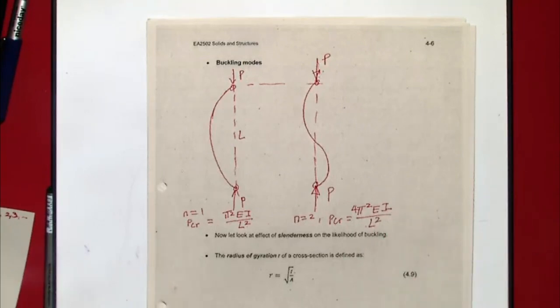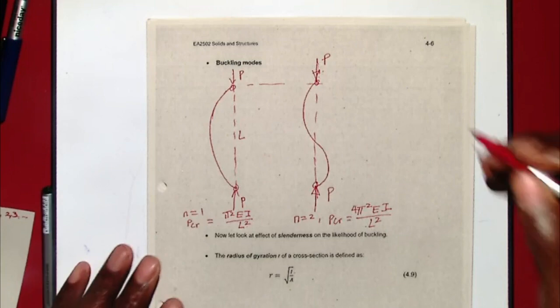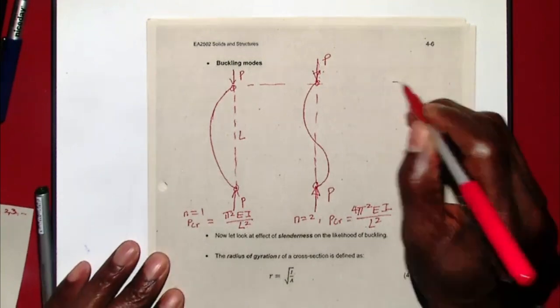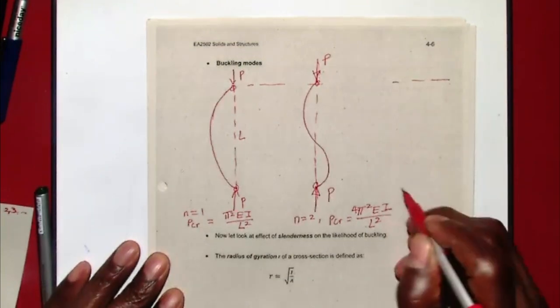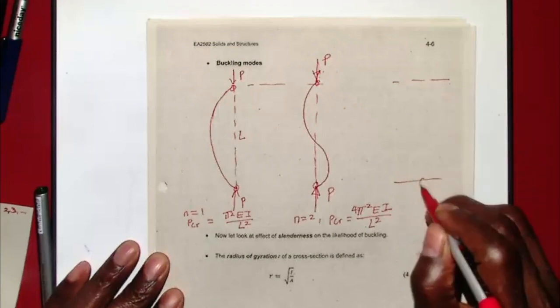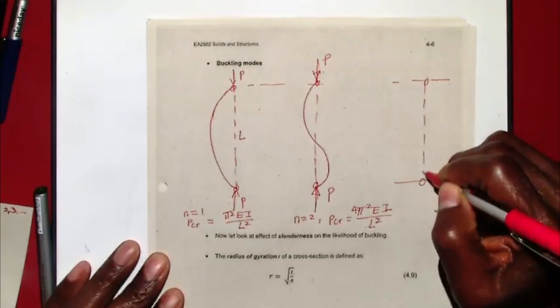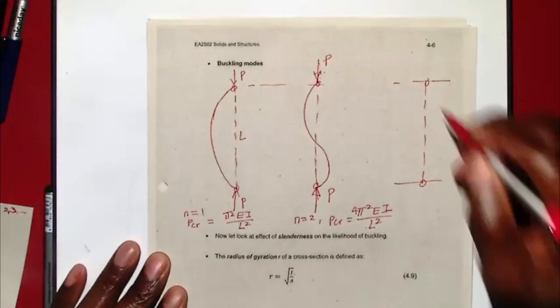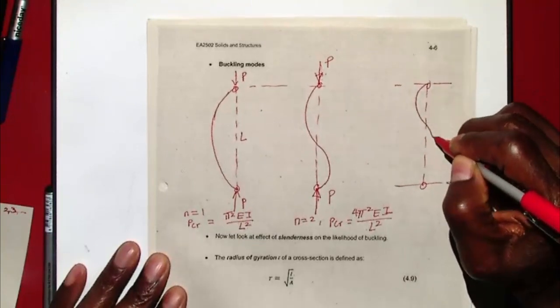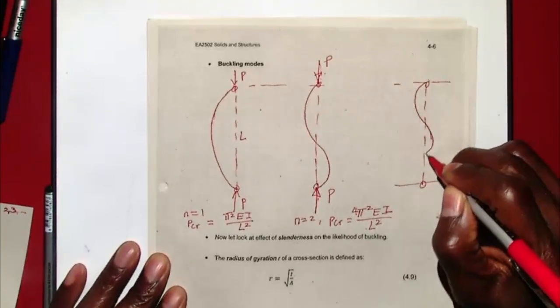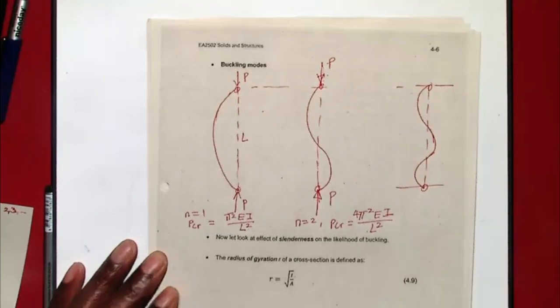You can see because of the factor of 4, in order for this to take place, you need 4 times the load that is required for the first mode. If you go to the third one, which can also sometimes happen but is not very common, let's say that's the initial length. We'll have something that does that.